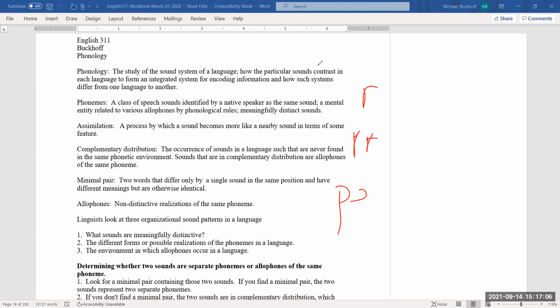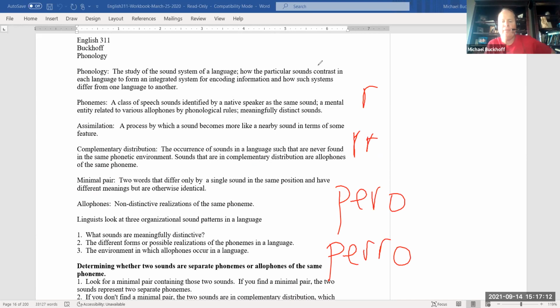Yes. Okay, let me show you. The first one is butt, and the second one is dog. Do you see what we're saying? So notice how you can create separate words with these different sounds. So in Spanish, we have two different R sounds. In English, we do not.